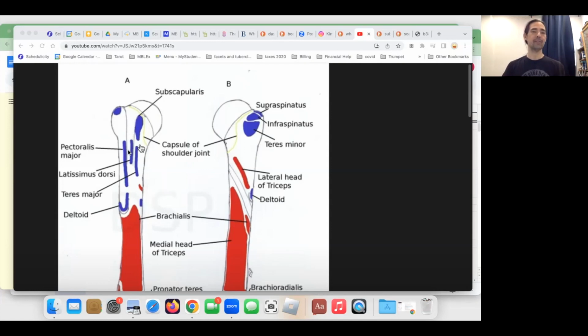If they ask you about these structures, the lesser and the greater tubercle, immediately I want you to draw up the three SITS muscles on the greater tubercle, more on the back of the shoulder, and one muscle more on the front of the shoulder, and the biceps between them. If you can just remember that, three on the back, one in the front, and the greater tubercle is in the back, then you can navigate most of the rest of it.